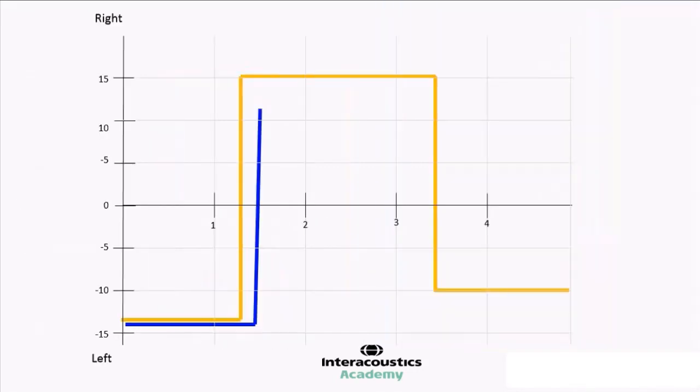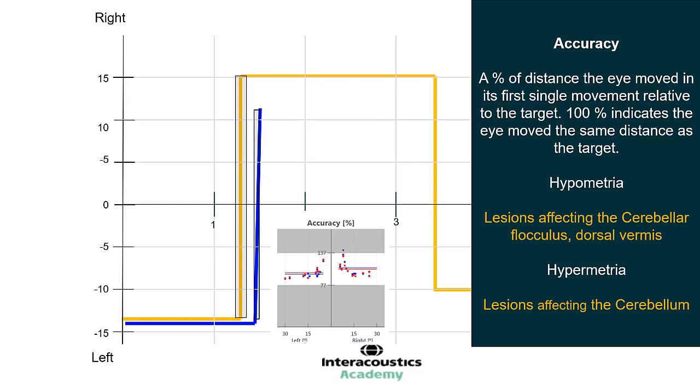Our other parameter to look at within a saccade test is accuracy. Now this is calculated as the percentage of distance that the eye has moved following the first target movement. If the eye moves to the same distance as the target has moved, then this is 100% of movement. But we can then start to quantify that movement both as a percentage and its nature.